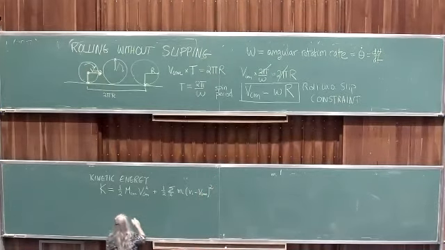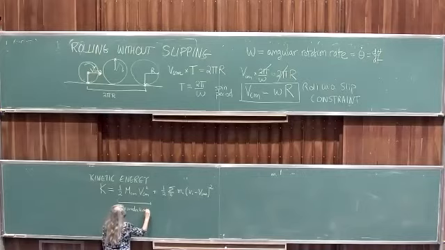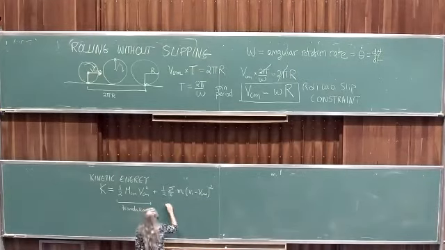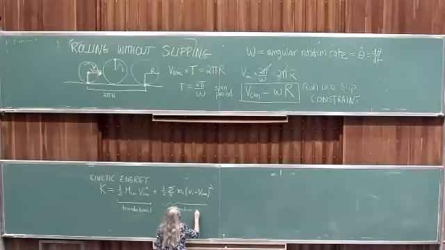Okay, so this is what we call the translational kinetic energy, which is the motion of the center of mass. And this is the motion with respect to the center of mass.